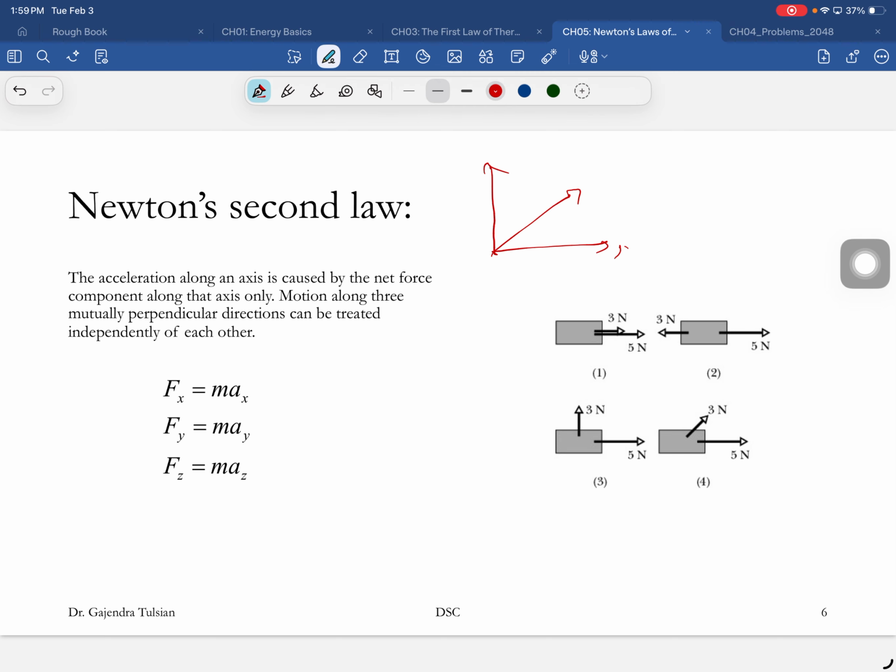So the effect of these forces is the same as the effect of the sum of the two forces. The superposition principle says when several forces act on a body, the effect is the same as that of a single resultant force. A single resultant force would give you the same motion as these forces.